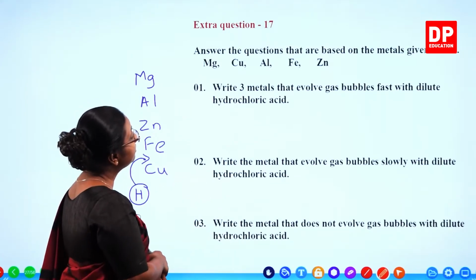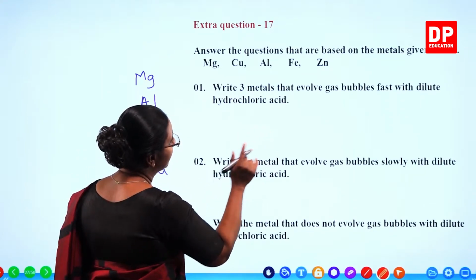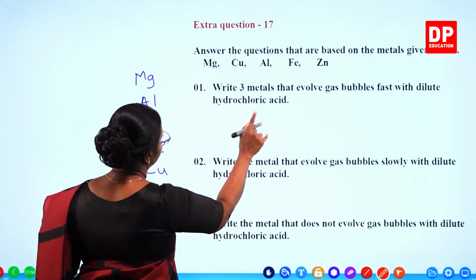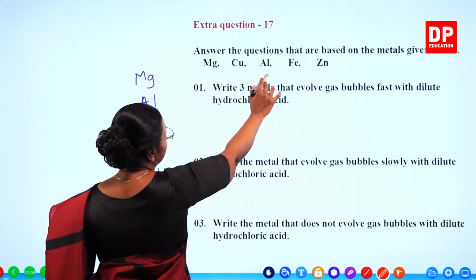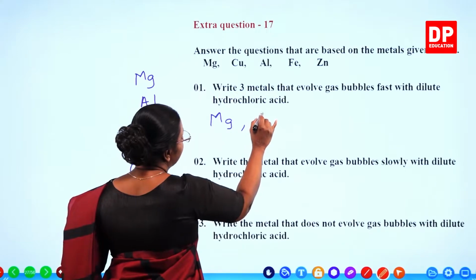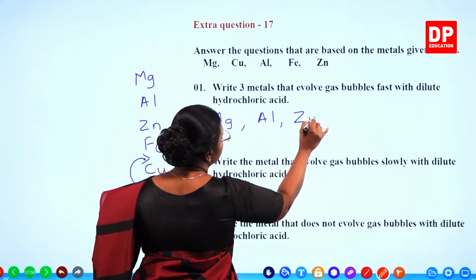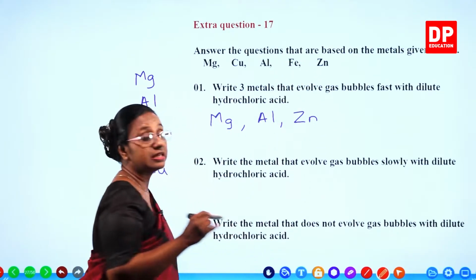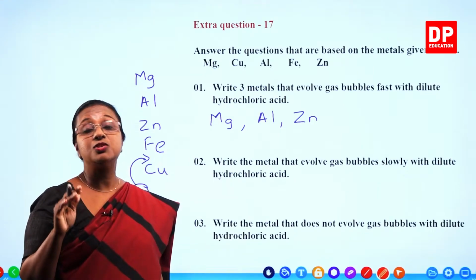So here, write 3 metals that evolve gas bubbles fast with dilute hydrochloric acid: magnesium, aluminium and zinc. We don't write iron because iron reacts but slowly.